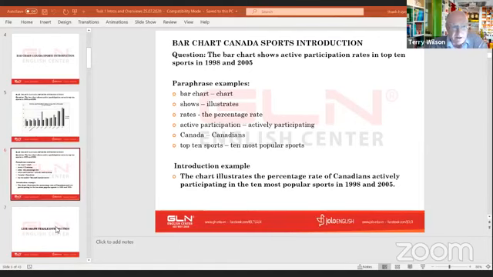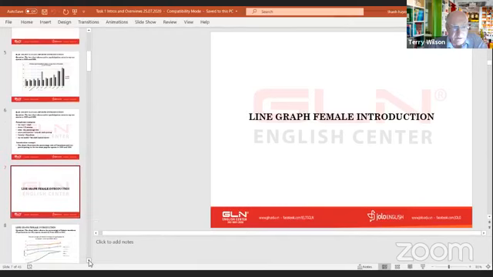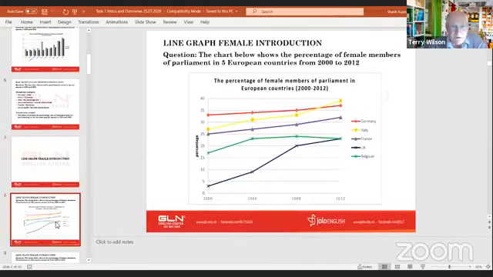Let's have a look at a line graph this time. So in this case, we have a line graph. We have 5 lines. Each line here is clearly colored.